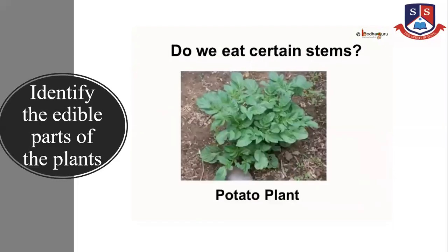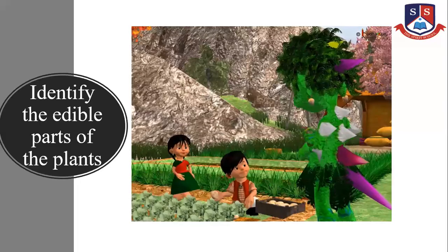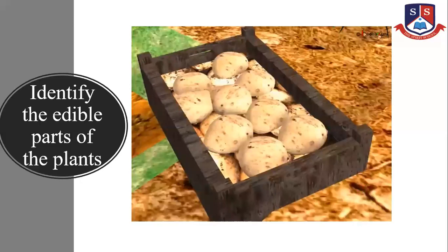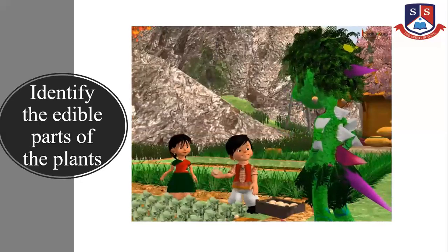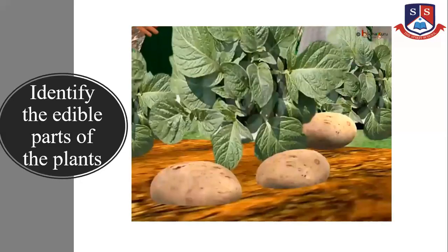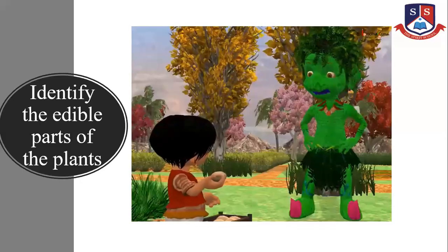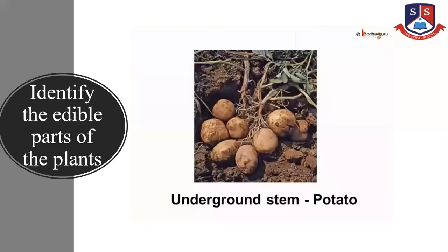Can we eat stems of certain plants? Yes. In the story, the monster was surprised to know that potatoes are actually underground stems that we eat. The potato plant stores the extra food in its underground stem.